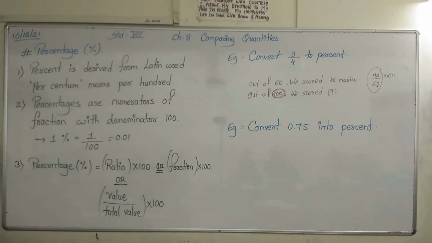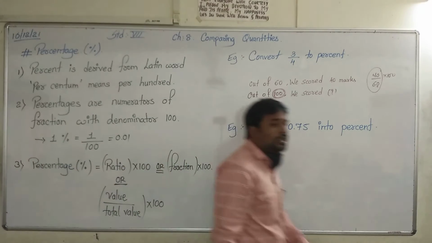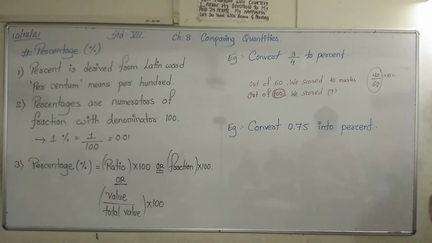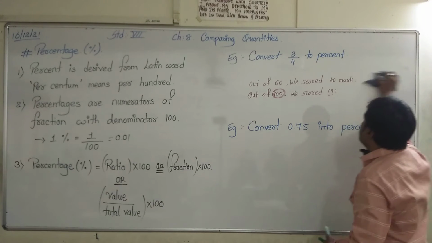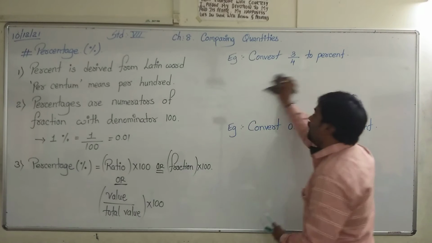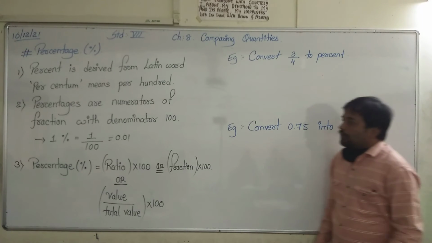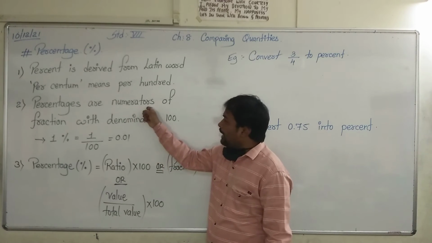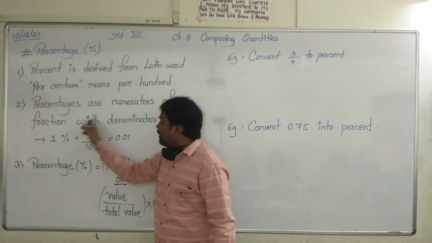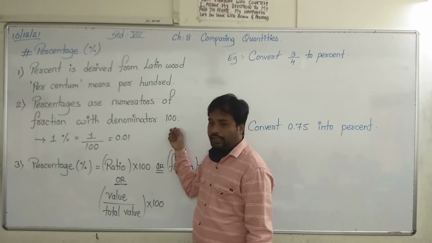Here, percentage is derived from the Latin word percentum, meaning per century. Everyone knows the century in cricket deals with 100, right? So percentage is the numerator of a fraction with denominator 100.